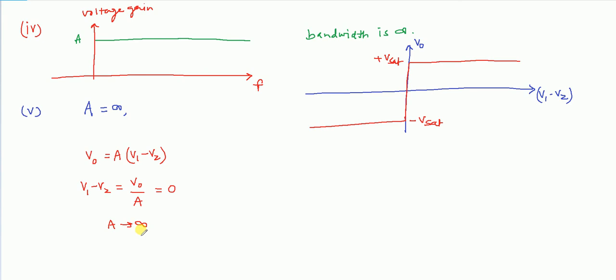So V1 minus V2 is 0, or V1 is V2. It means voltage at non-inverting terminal must be equal to voltage at inverting terminal when the open loop gain of ideal op-amp is infinite. This condition is called virtual short condition.